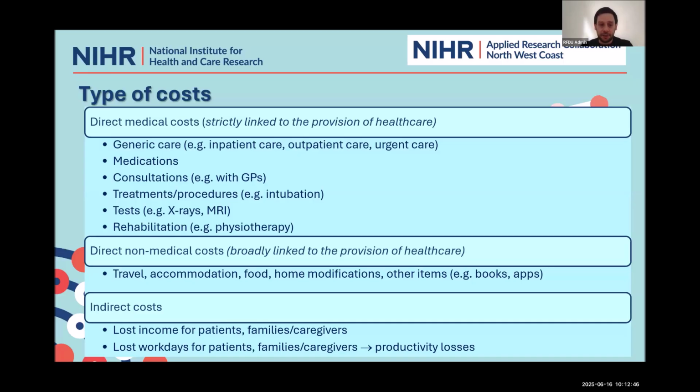At the same time, lost work days will have an impact on, for example, the companies where the patients work, and that means that the company might have to replace a person temporarily or even permanently sometimes. So there might be some productivity losses as well, which are important to consider.